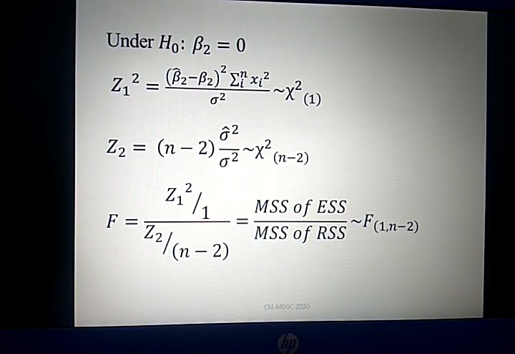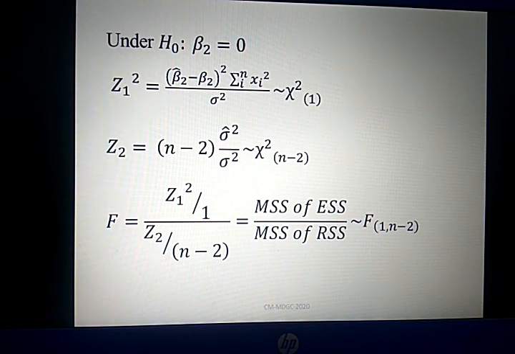Now this F ratio provides a test statistic to test the null hypothesis beta 2 equals 0. We compute the F ratio from the ANOVA table, and as this ratio follows the F distribution, we compare the computed value with the critical F value obtained from the F tables at the chosen level of significance and given degrees of freedom. If the computed value is higher than the tabulated value, we reject the null hypothesis beta 2 equals 0, and it is said to be statistically significant at the chosen level of significance.